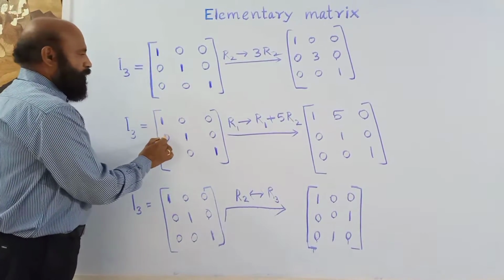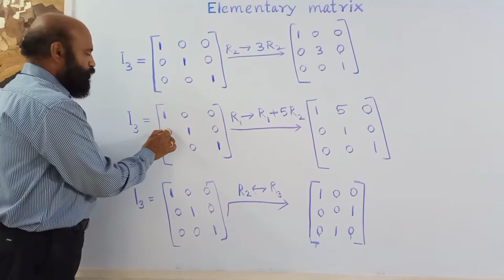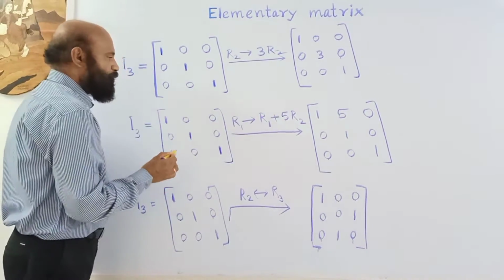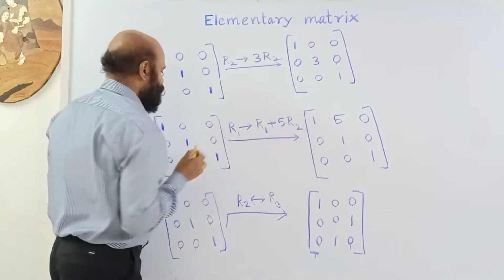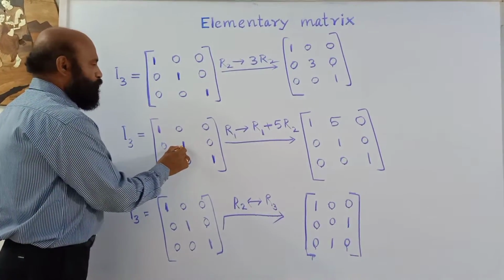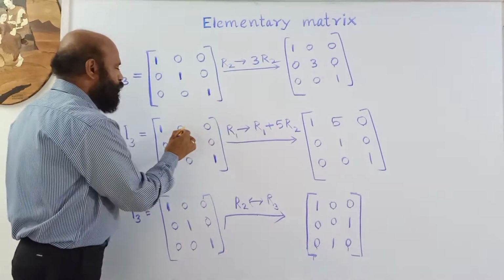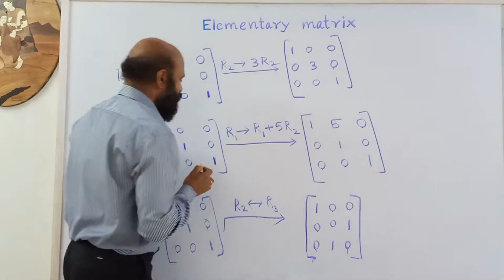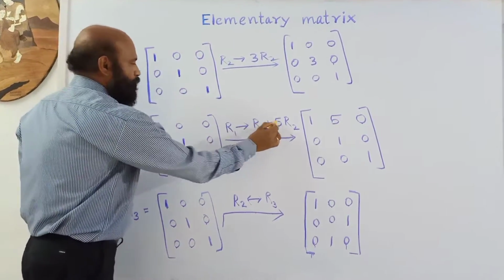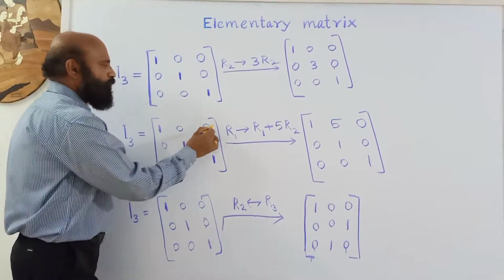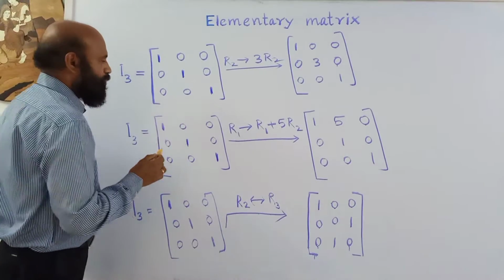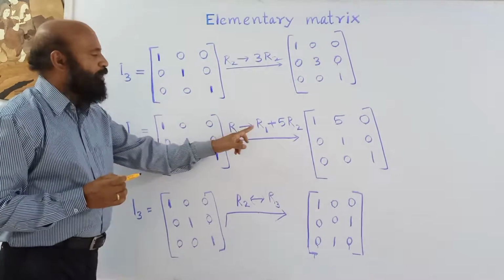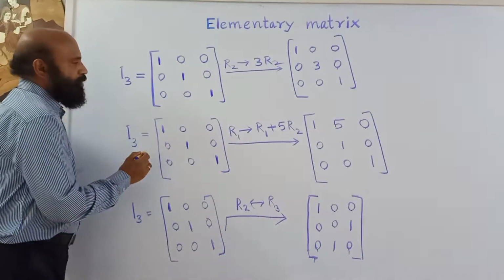So the second row you multiply by 5. 0 into 5, 0; 1 plus 0, 1. 1 into 5, 5; 0 plus 5, 5. Now 0 into 5, 0; 0 plus 0, 0. So the first row is replaced by performing one elementary transformation.